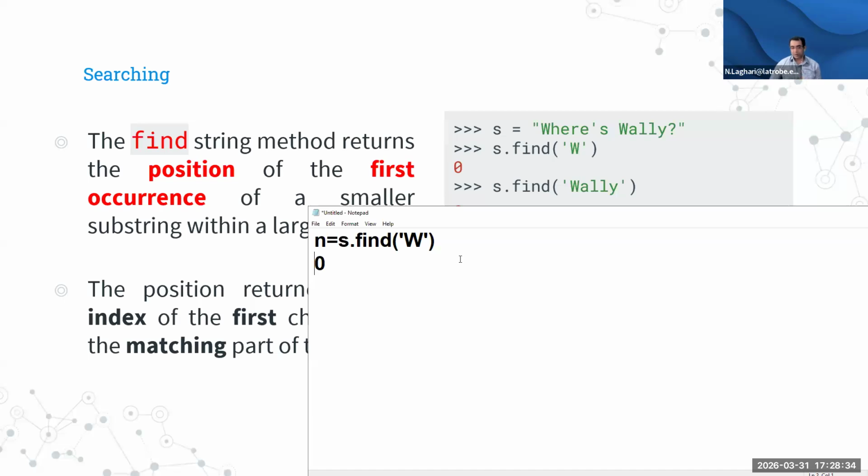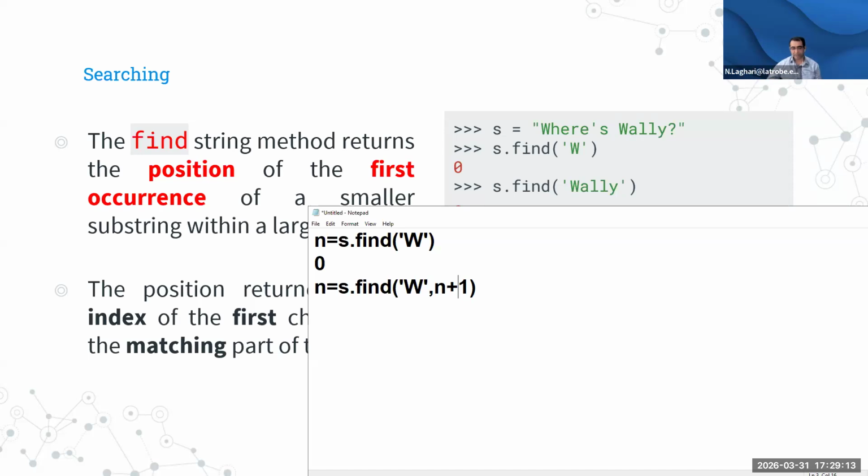But now if I say start from n plus 1, and I mention a second argument, it'll be skipping the first found value and it'll start from the second part, and definitely it is going to then go to the second W for us.